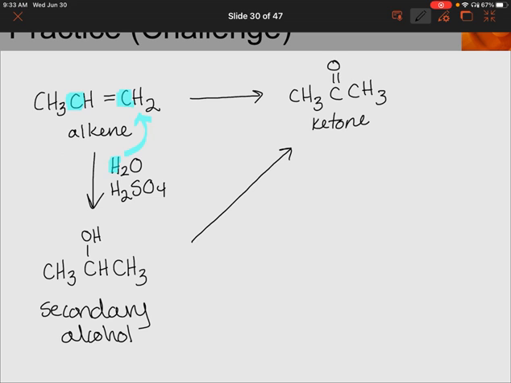But what do we have to add in order to convert our alcohol into a ketone? An oxidizing agent. So we could add potassium dichromate or potassium permanganate. Or you could also just write an O in parentheses to indicate that you're oxidizing.